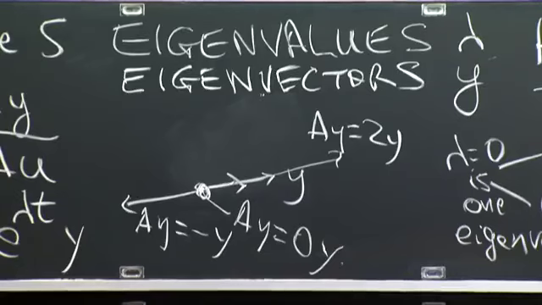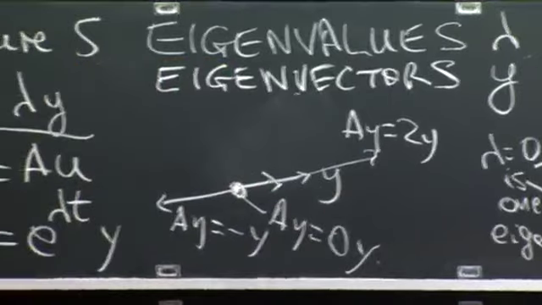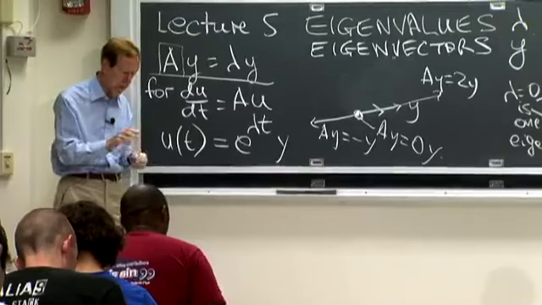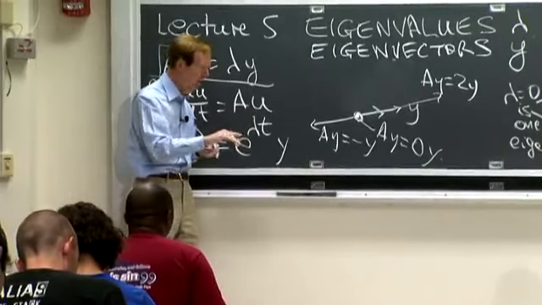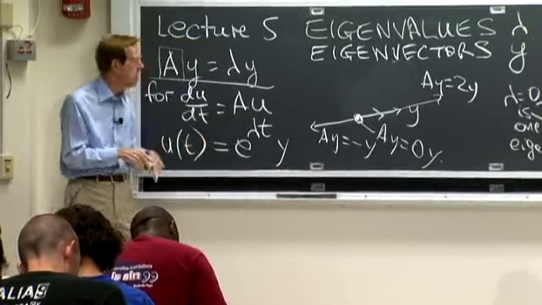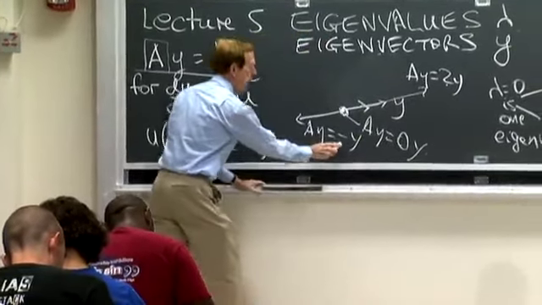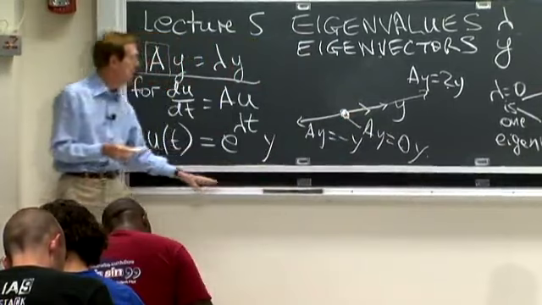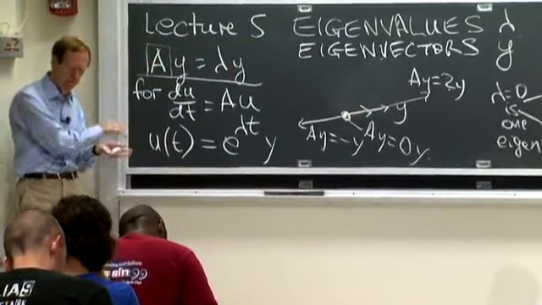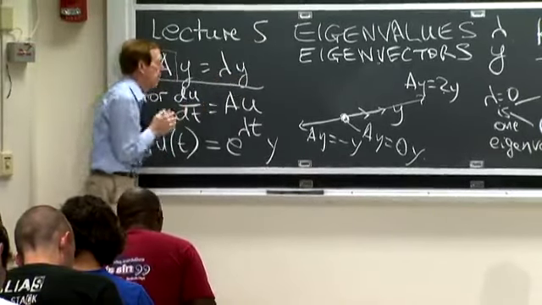Those y's are eigenvectors, and the eigenvalue is coming second, because y was a special vector that kept its direction, and then lambda is just the number, the 2, the 0, the minus 1, the 1/2, that tells you stretching, shrinking, reversing, whatever. That's the number, but y is the vector.